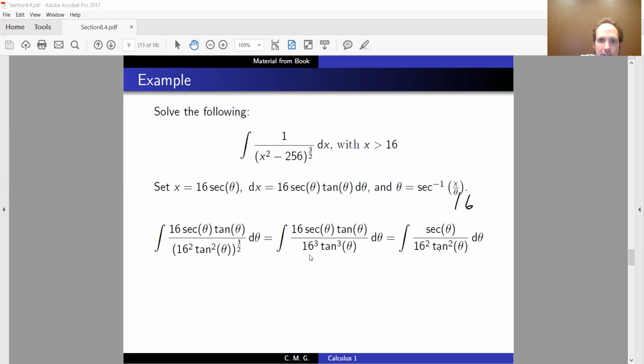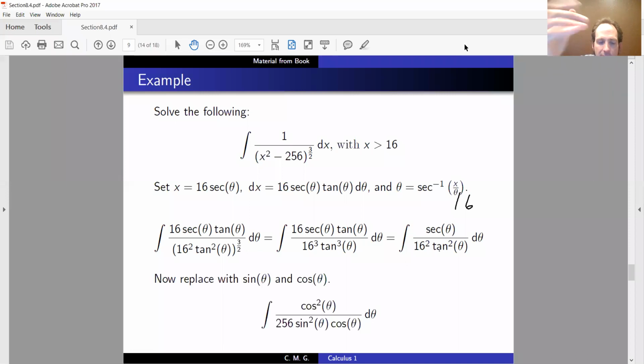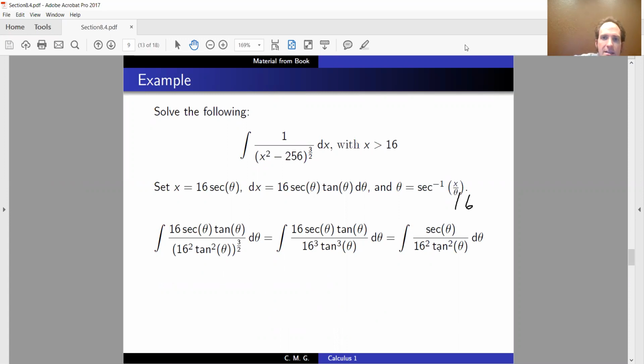And so now what do we do? So now we need to integrate that. And what I would do is replace everything with sine and cosine, just to make life a little bit easier. So what do I get? So secant theta is 1 over cosine theta. So I get 1 over cosine theta. Tangent theta is sine squared theta over cosine squared theta.